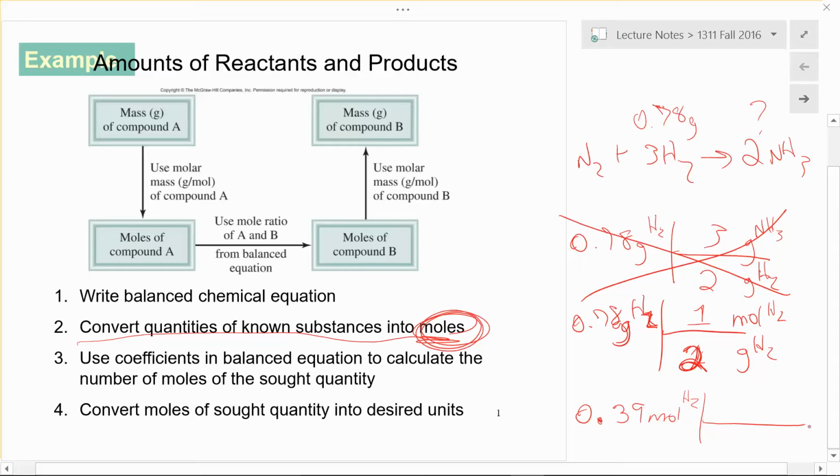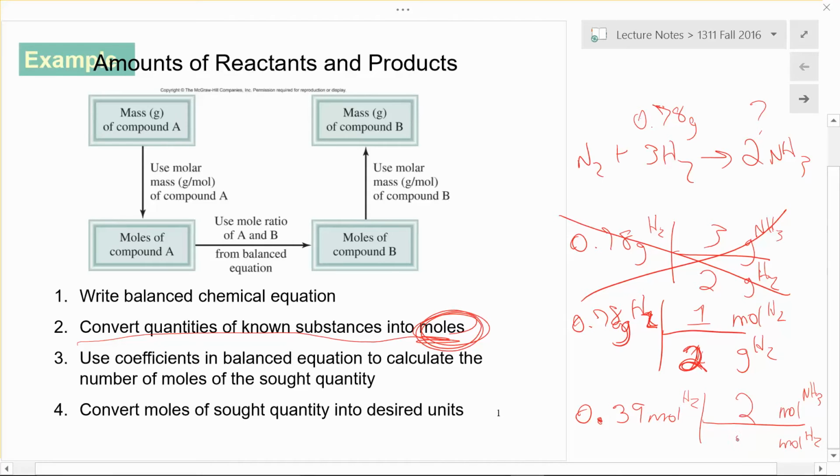Okay? Now I can do the stoichiometry because it's in the correct units. Now I can go from the moles of H2 to the moles of NH3 using a balanced chemical equation. Okay?